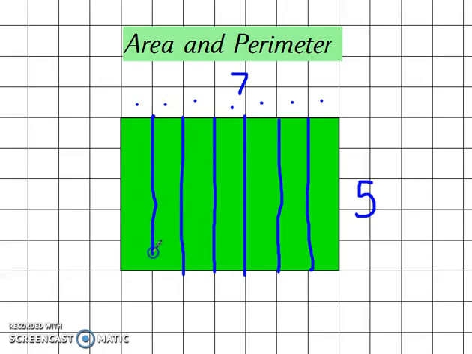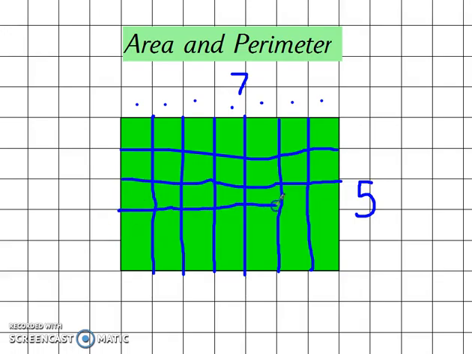So it's asking that if you could see all of the squares inside the shape and you were doing them much neater than I'm doing them, how many squares would there be? So instead of adding all your different rows together, 7 and 7 and 7 and 7 and 7, you know that there are 7 rows and 5 rows down, so you can just multiply that together. 7 times 5 is 35, so your area equals 35.